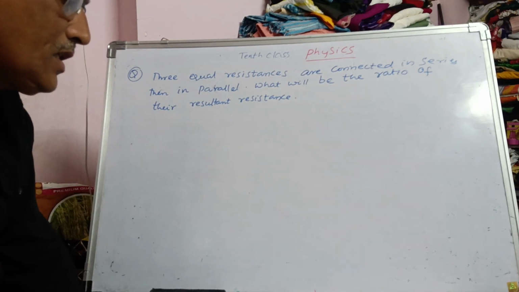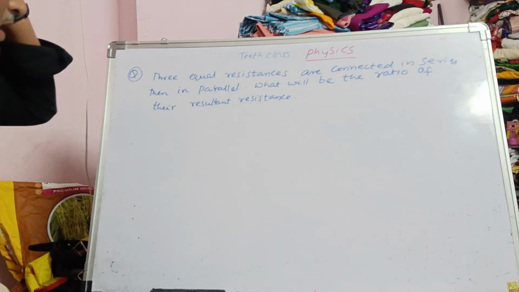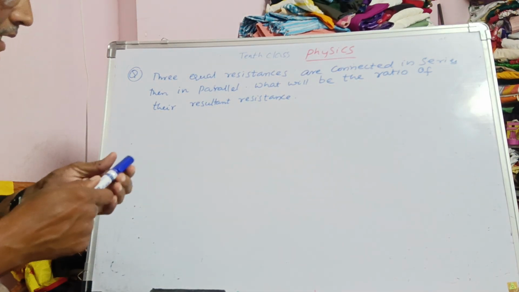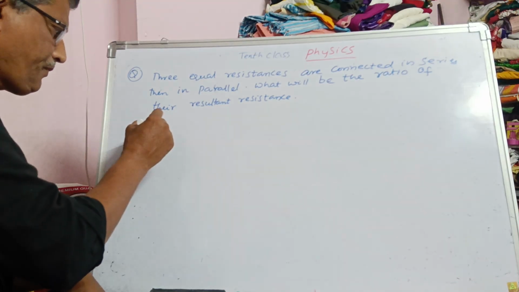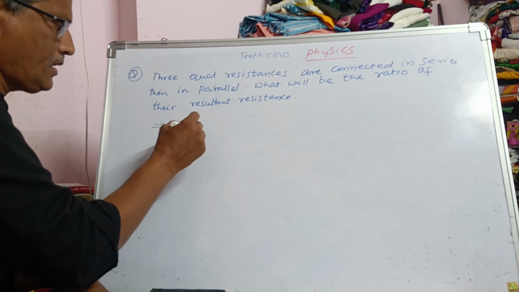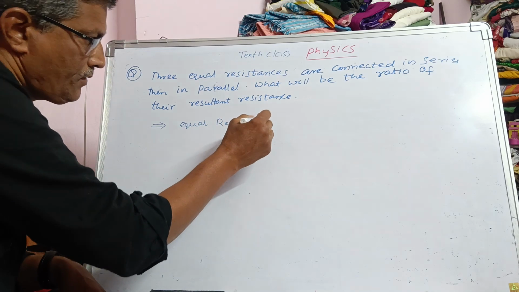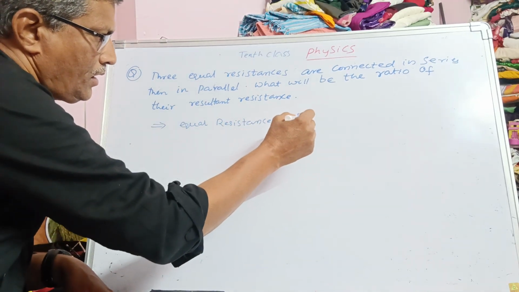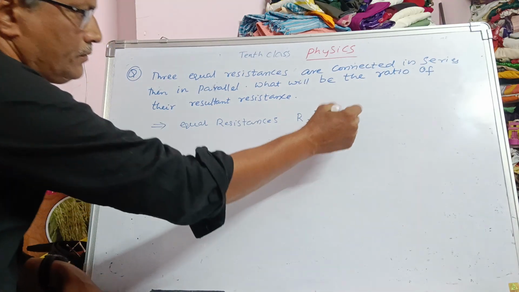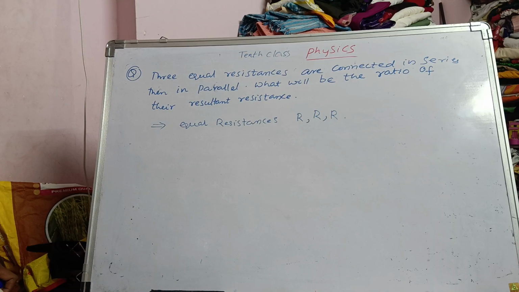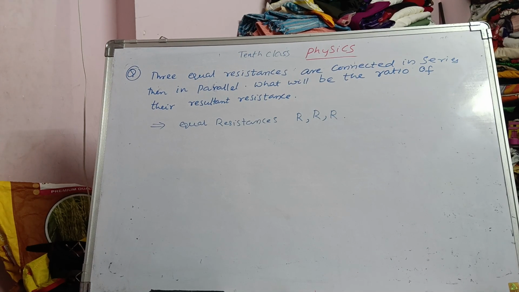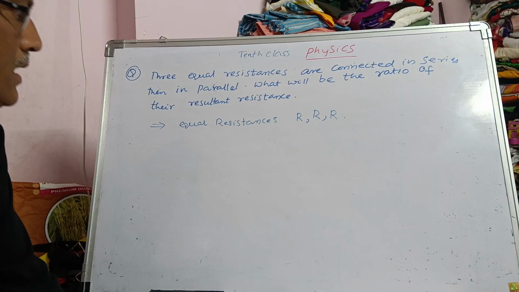Suppose the resistance of the equal resistors is R, R, R. First they are connected in series.